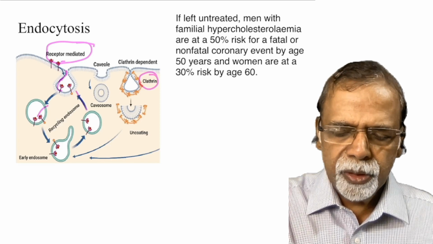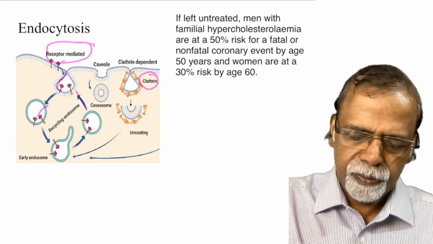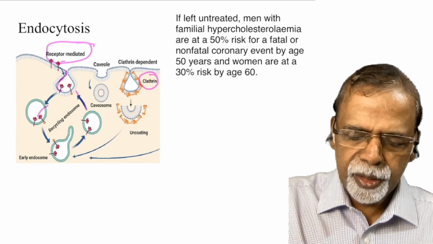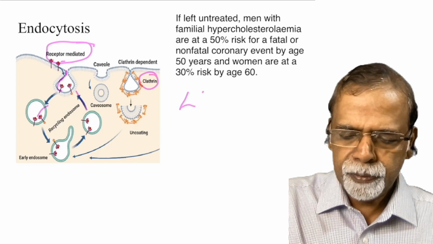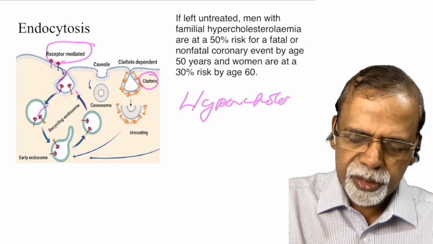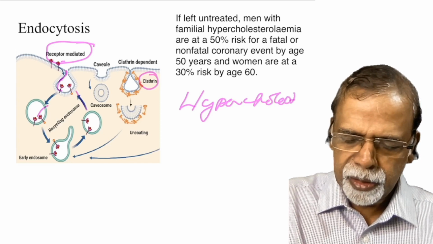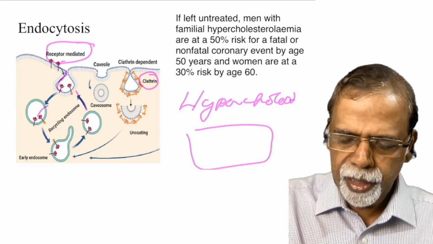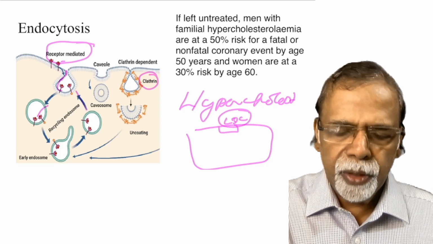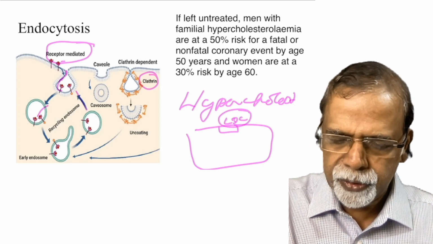So let us think about a clinical situation. The classical example is familial hypercholesterolemia. It's a condition where the LDL receptor is abnormal. That is, in the hepatocyte, there are receptors called LDL receptors. In the LDL receptor, a mutation occurs. So the LDL is unable to attach to the membrane. So what happens? The serum level of cholesterol increases.